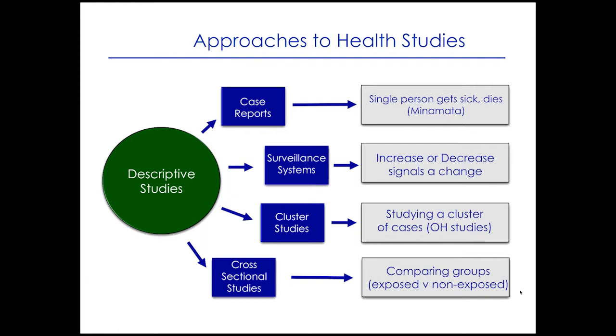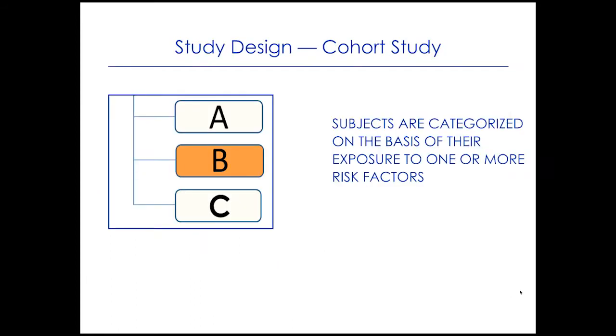But in analytic epidemiology, there is also the ability of studying cohorts, groups of people, and following them. So groups of people living next to a lead contaminated site or a mercury site, and monitoring their health year after year, answering the question, is their health changing?